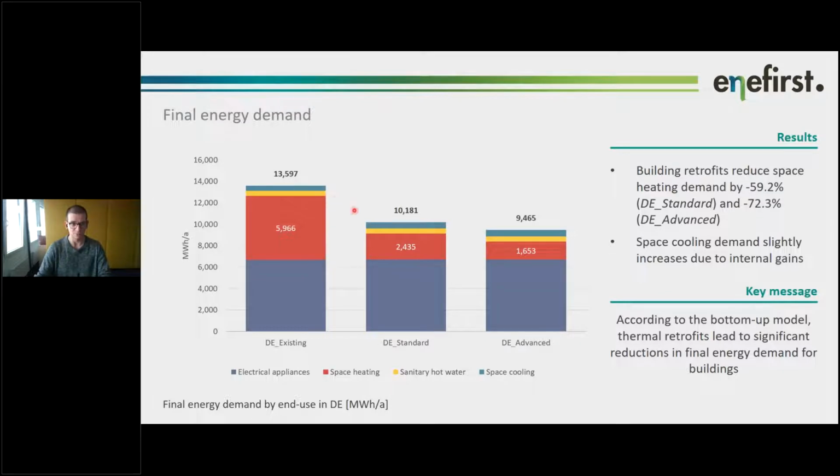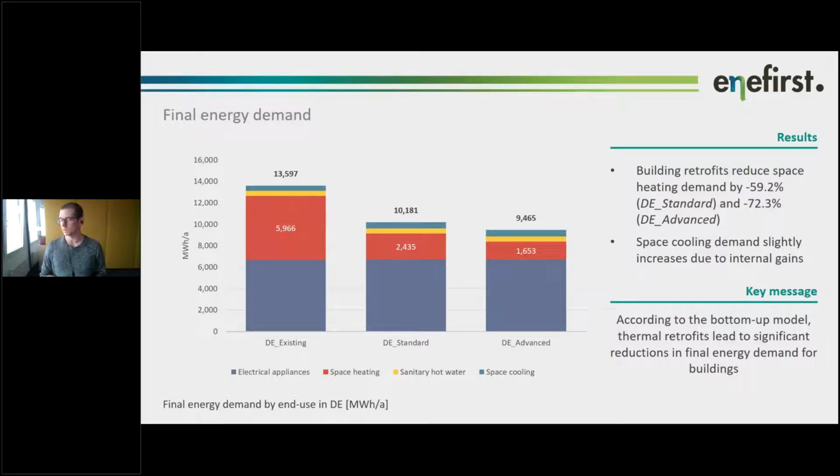What is hardly visible in this chart, but which happens in the model, is that space cooling demand slightly increases from the existing to the advanced case, because basically the internal gains from electrical appliances, but also the heat that office workers emit, is being trapped within the building, which leads to a slightly higher cooling demand. But this is not in the focus of today's presentation, or in the focus of these results on Germany.